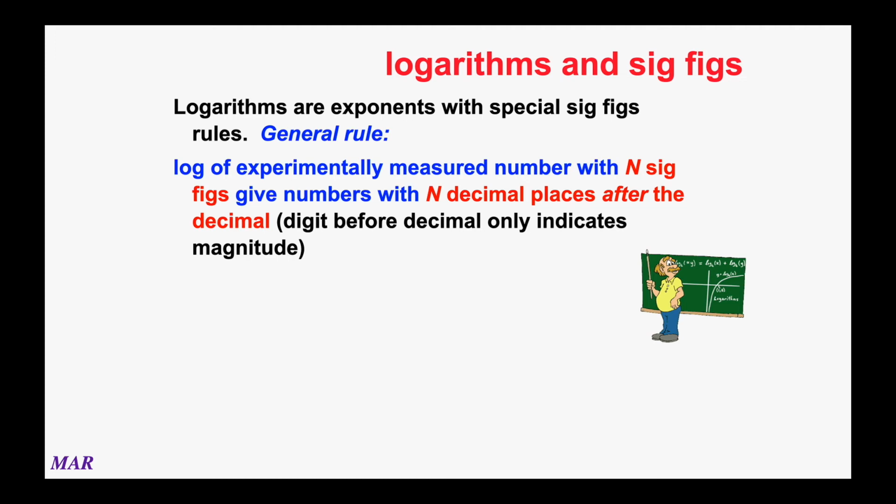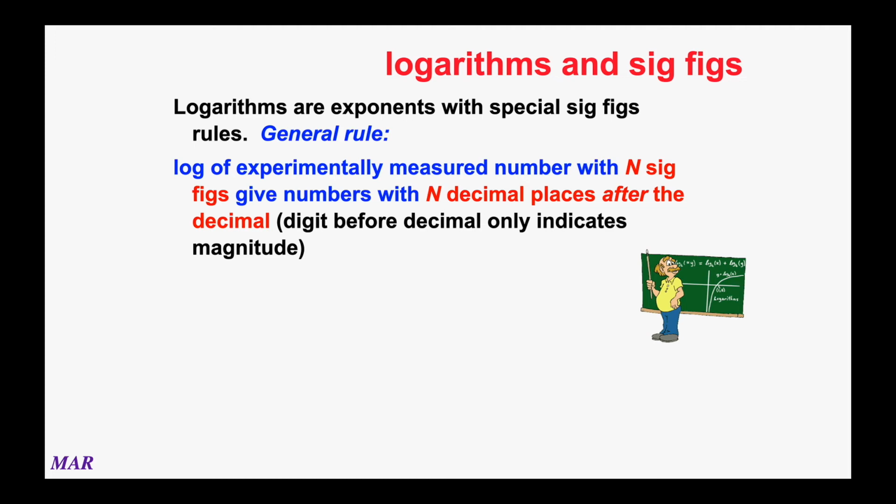This is a little bit weird, but let's say you're taking a number with a molarity of 3.2 times 10 to the minus 4. Well, 3.2 means that would be 2 sig figs. That's the n, it would be 2. And if you're going to take the log of that number, you might get who knows what kind of number, but your reported value should have 2 numbers past the decimal point, all right?